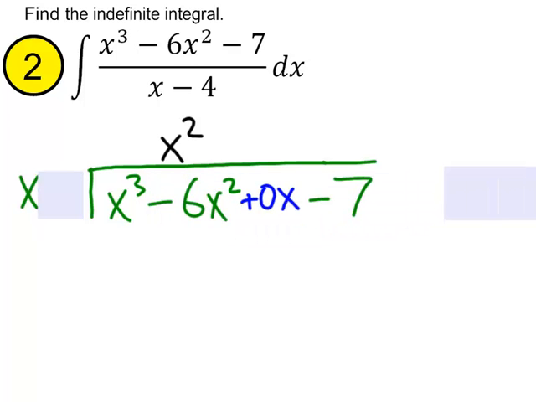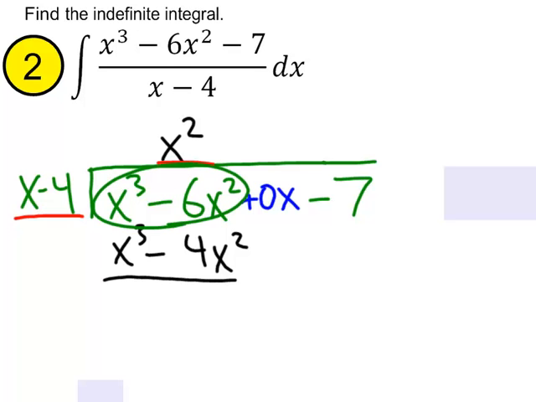Now I reveal these and say, okay, let's do x squared times x minus 4, and that's going to give me x cubed minus 4x squared. I'll do this minus this, and if you find it helpful, reverse the signs, do negative and plus, and then just add them instead. And we see that we're going to get negative 2x squared here.